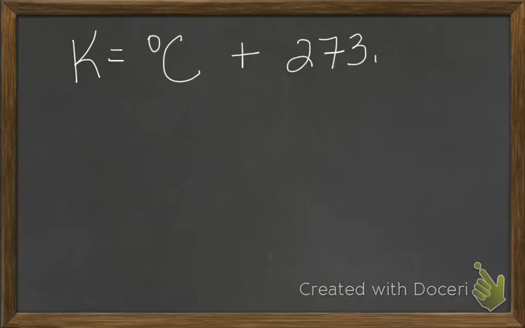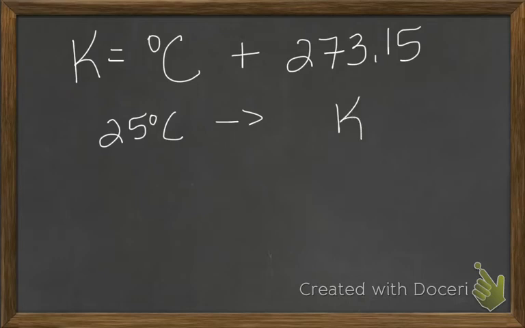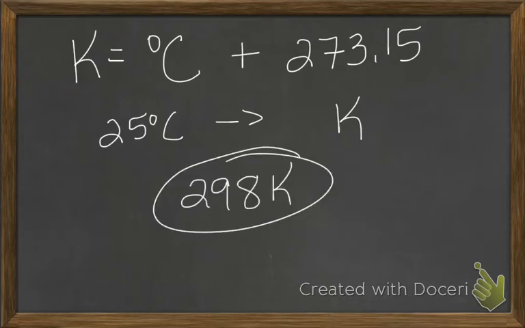The last conversion is the Kelvin scale. Whatever my temperature is in Celsius, to convert that to Kelvin, I simply add 273.15. So if the temperature is 25 degrees Celsius, and I want to convert that to Kelvin, I simply add 273.15. 25 degrees Celsius is 298 Kelvin.